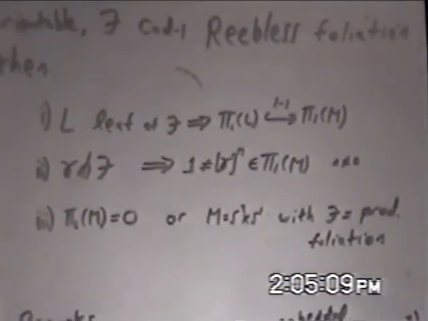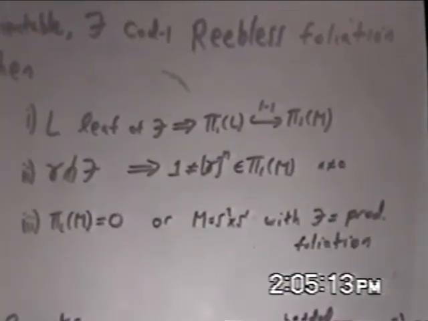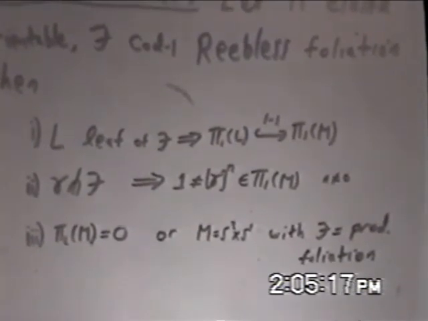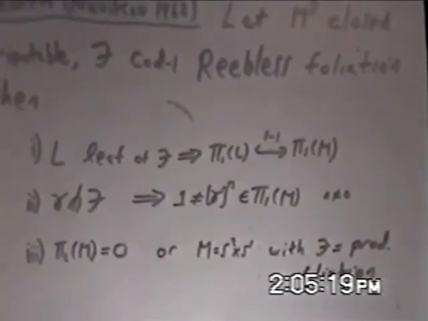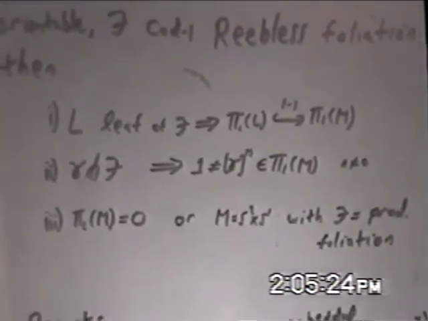And not only that, if you have a curve transverse to the foliation, it represents an element of infinite order in the fundamental group. And he also showed that pi2 of the manifold is trivial, or the manifold is S2 cross S1 with the product foliation.